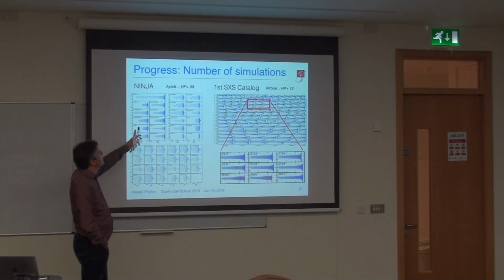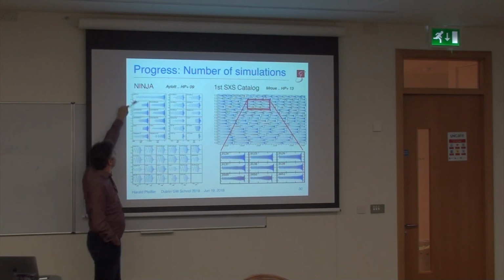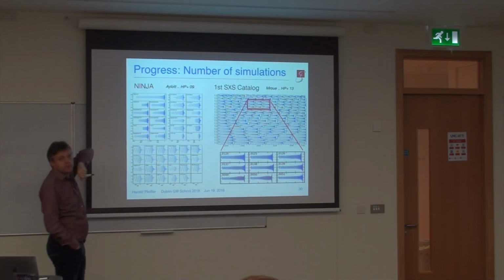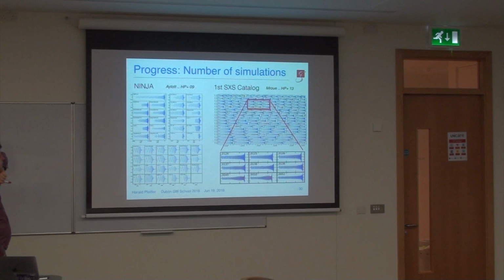So in 2009, the first NINJA project collected all waveforms that were available at that time worldwide. It's this panel here with about 20 or so waveforms. That's all that was around in 2009.